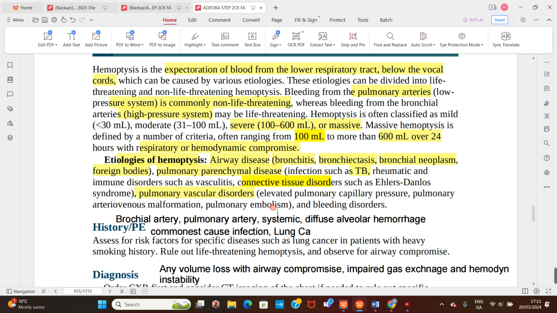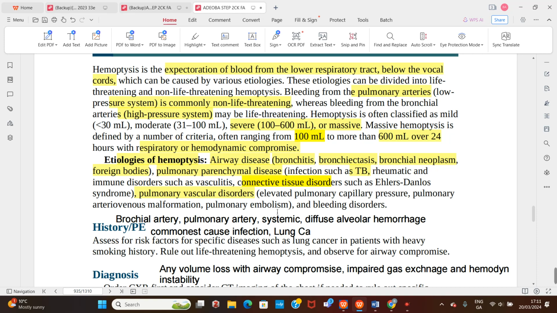So the pulmonary vessel now. Look at anything that can increase the pressure within the pulmonary vessel. For example, somebody having congestive heart failure, left-sided heart failure. You're having blood that is pulling back into the pulmonary vein, pulmonary venous congestion. They can easily rupture those vessels and start having hemoptysis.